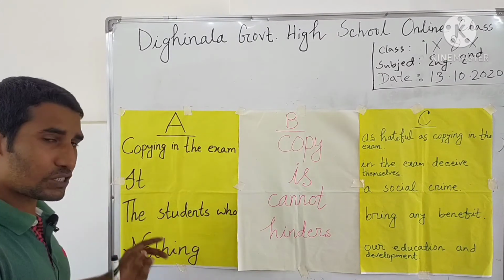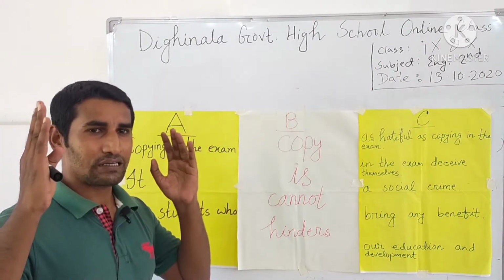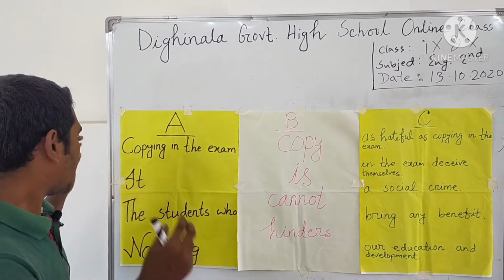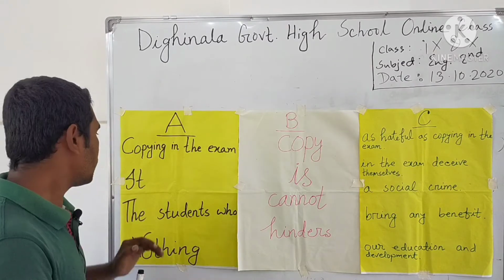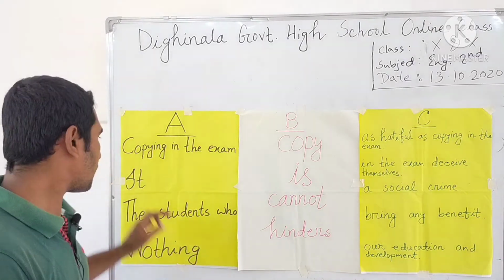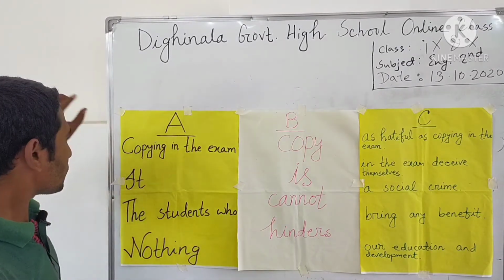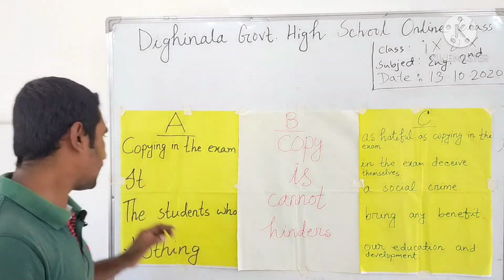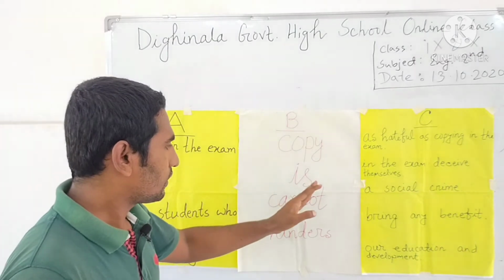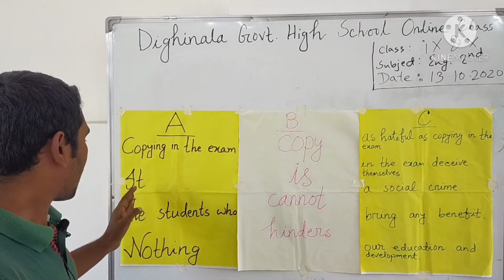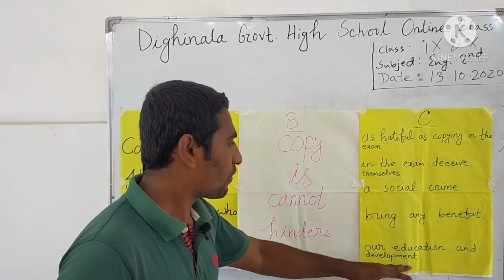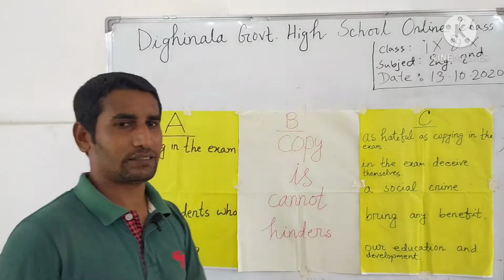You can use it 2 times. You can create some assumption about using it, and you can use it in the place of copying in the examination. So number B should be the first sentence A and now B. You can say like it hinders our education and development.